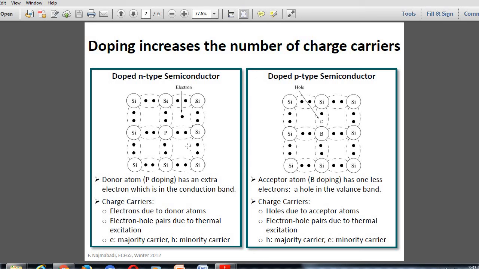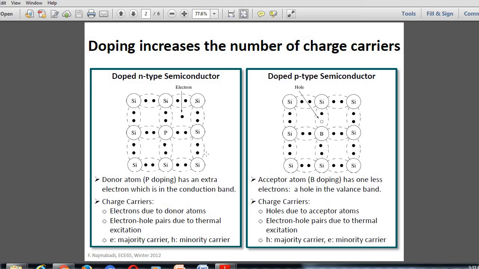Here you see phosphorus is added to the silicon material. Phosphorus is a pentavalent atom, that means it has 5 valence electrons. Since for bonding with the silicon atom we need only 4 valence electrons, for one phosphorus atom we get 1 extra electron.